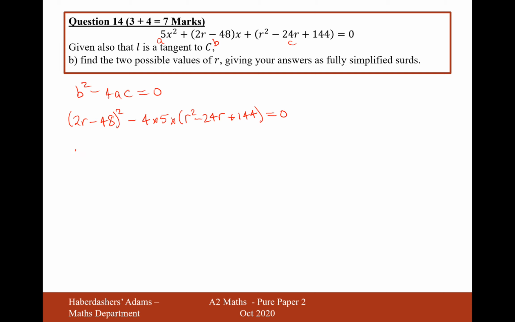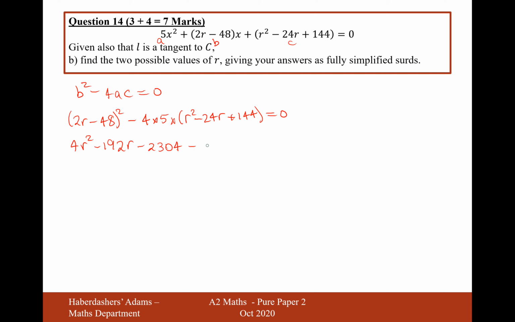So expand the brackets and you're going to get 4r squared. Now it's going to be 2 times 48 times 2, which is 192r, then minus 48 times 48, which is 2304.